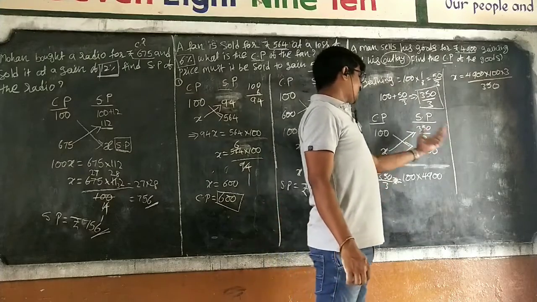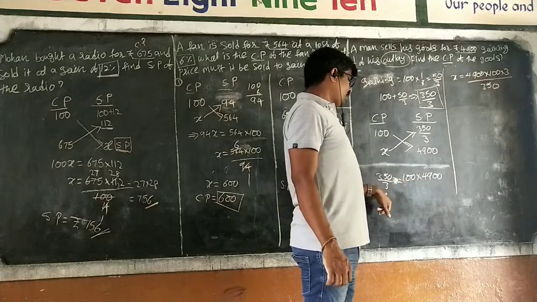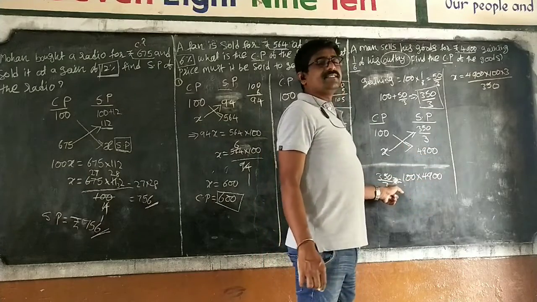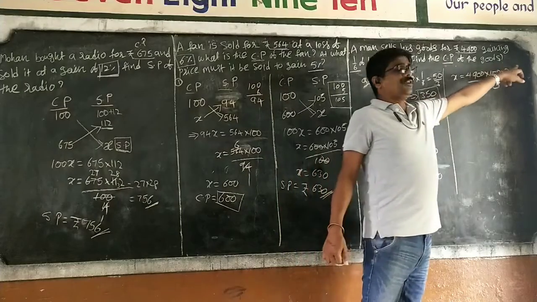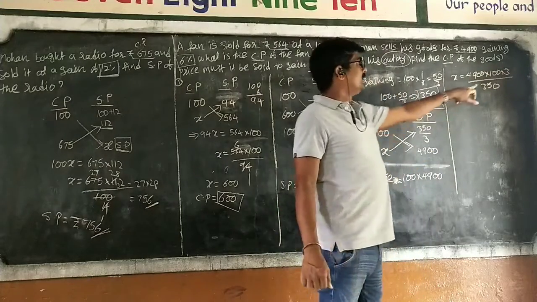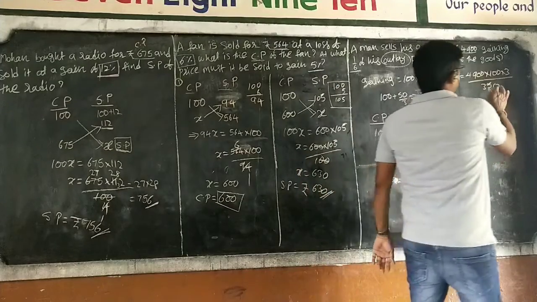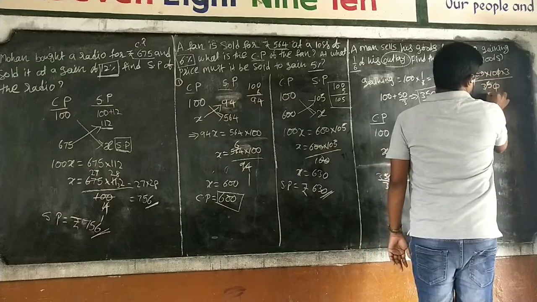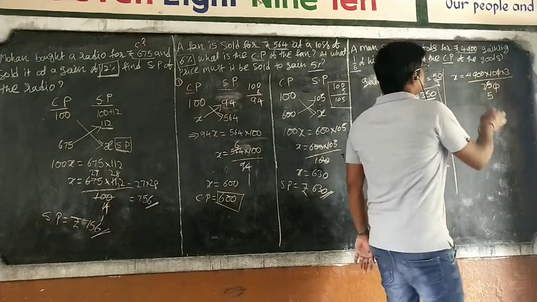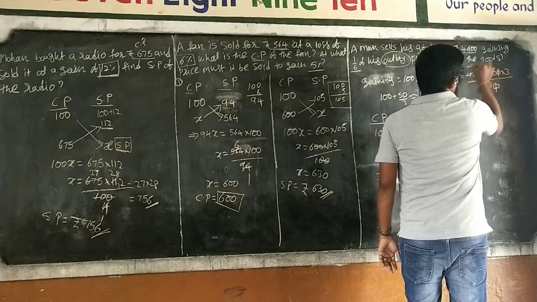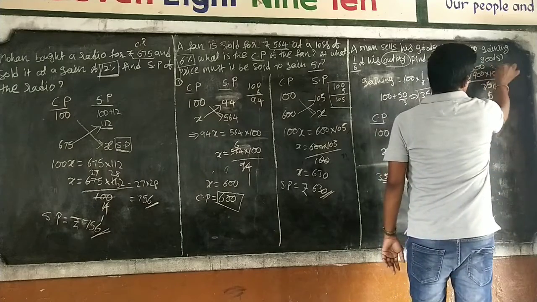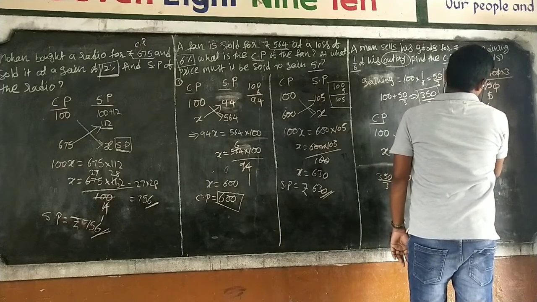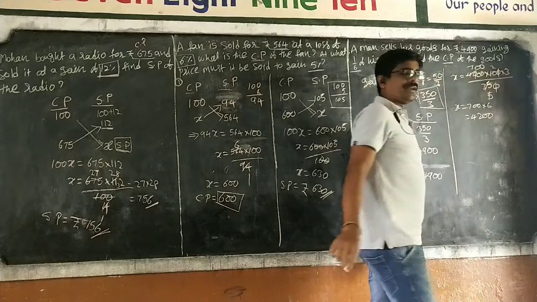Left side, bring it to the opposite side. Then numerator becomes denominator and denominator becomes numerator. This 3 is in the denominator, it becomes numerator. This is in numerator, this comes to denominator. 350, the 0 gets cancelled. 7 5s are 35, 7 7s are 49. 2s are x is equal to 700 into 6, that is equal to 4,200 rupees.